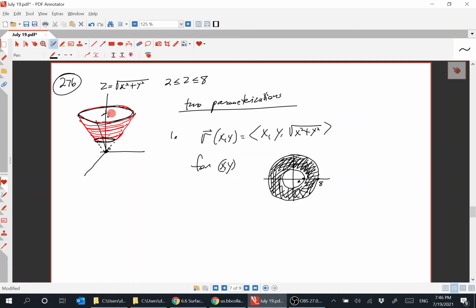This is where z is equal to 8 up here, and this is where z is equal to 2 down in here. So 2 to 8. Right, this is where 8 is equal to the square root of x squared plus y squared, in other words, the circle of radius 8. Here, 2 is equal to the square root of x squared plus y squared, in other words, the circle of radius 2.